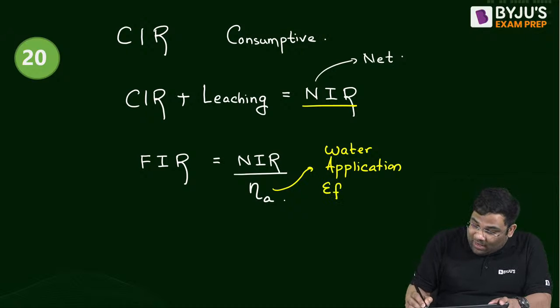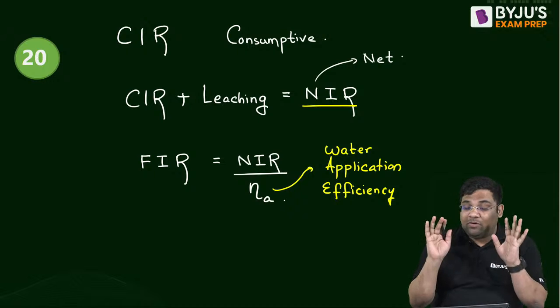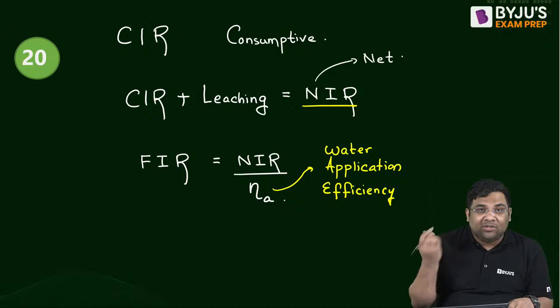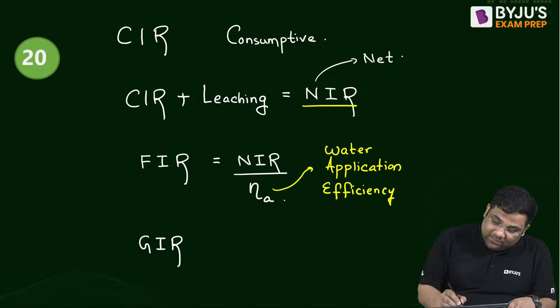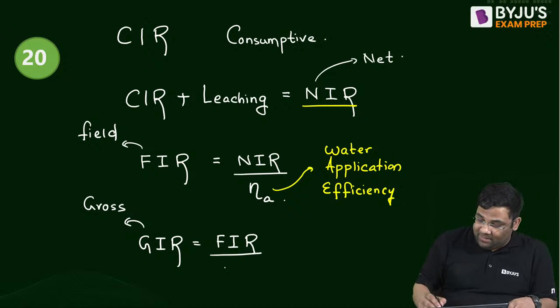Therefore, when applying on the field, the water application efficiency comes into the picture, and obviously this efficiency will be less than 1. And last we have the gross irrigation requirement. The gross one will be equal to the field irrigation requirement divided by what?